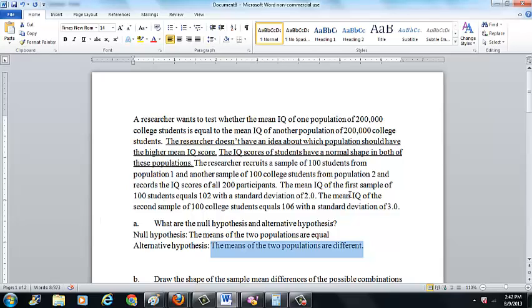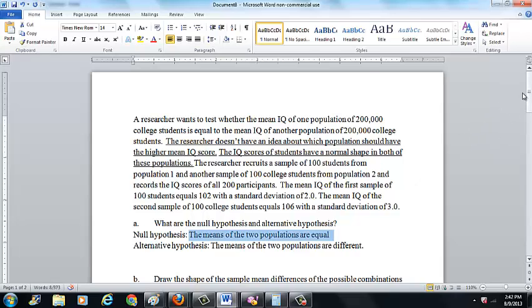The first sample had a mean of 102. The second sample had a mean of 106, which means the sample of the first population had the lower mean. So we're saying that they're not equal, and because of the sample means, it appears that the first population has a lower mean.